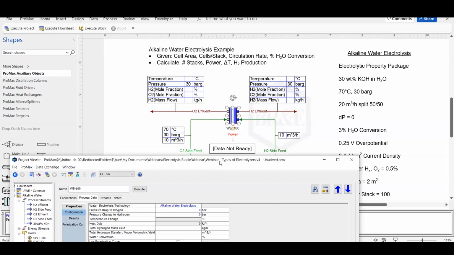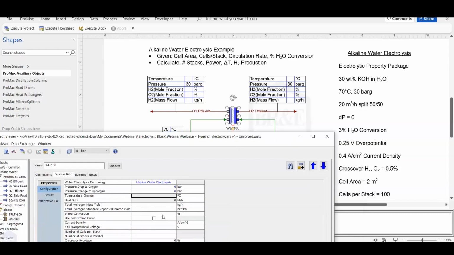And one property, it's not a property that you would want to use at the end of your simulation work for specifying your electrolyzer, but at the beginning of your process of specifying your electrolyzer, I really recommend that you use this water conversion property.